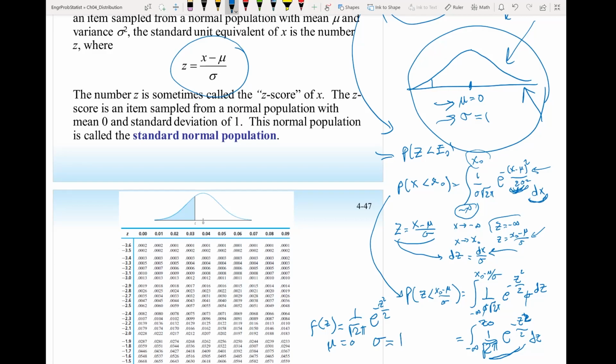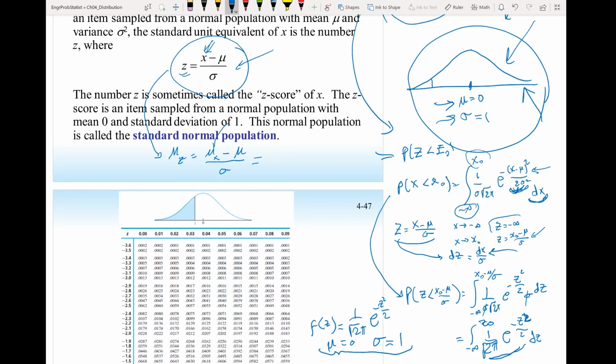Now let's prove that the random variable z has mu equals 0 and sigma equal to 1. Well, we can prove it from this equation. If you have a random variable z related to the random variable x by this equation, then the mean of z will equal the mean of x minus mu, where mu is just a constant, divided by sigma, that's another constant.